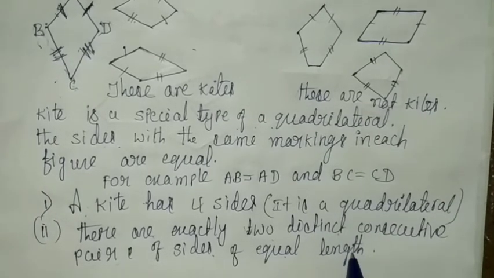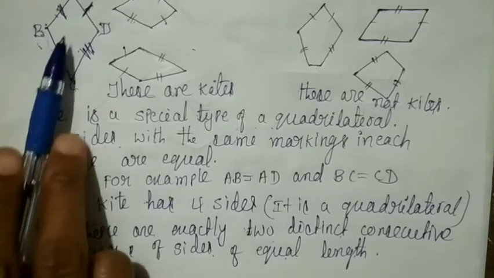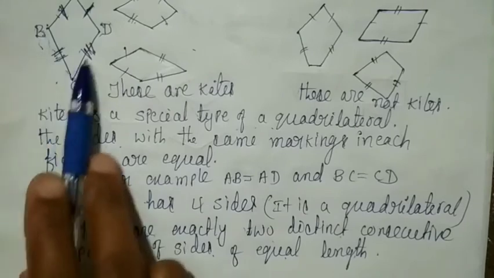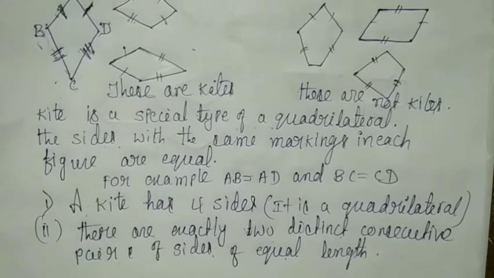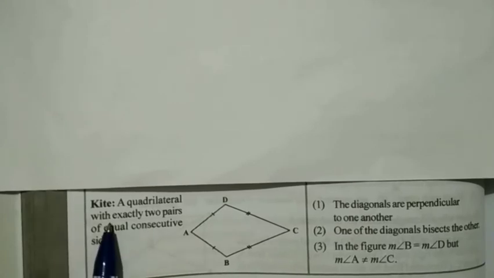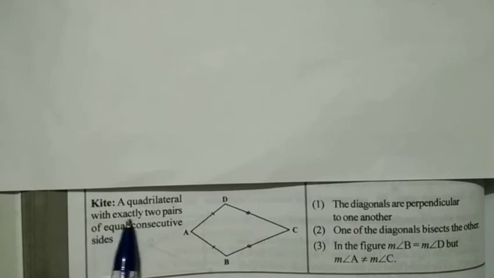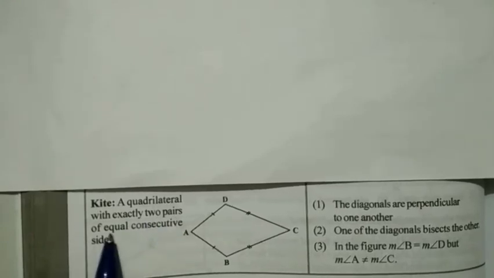Once again, we observe exactly two distinct consecutive pairs of sides of equal length. Once again, a kite is a quadrilateral with exactly two pairs of equal consecutive sides.